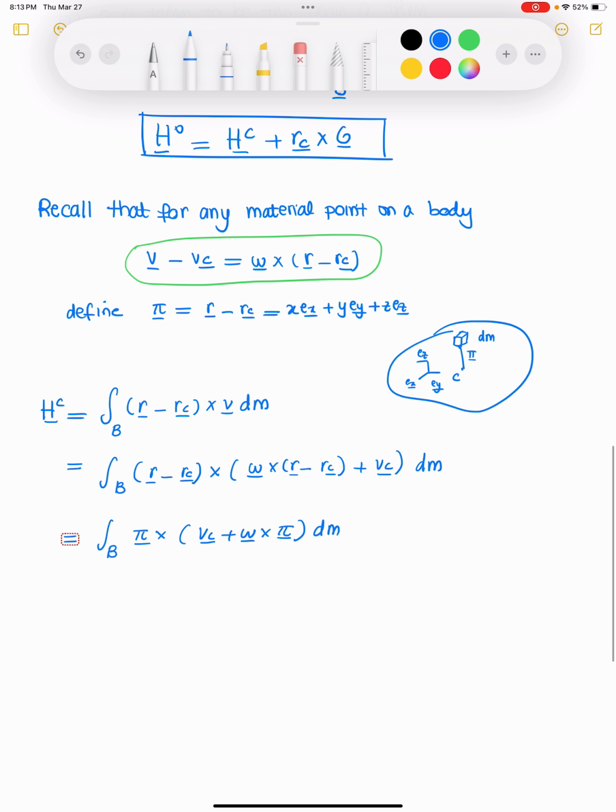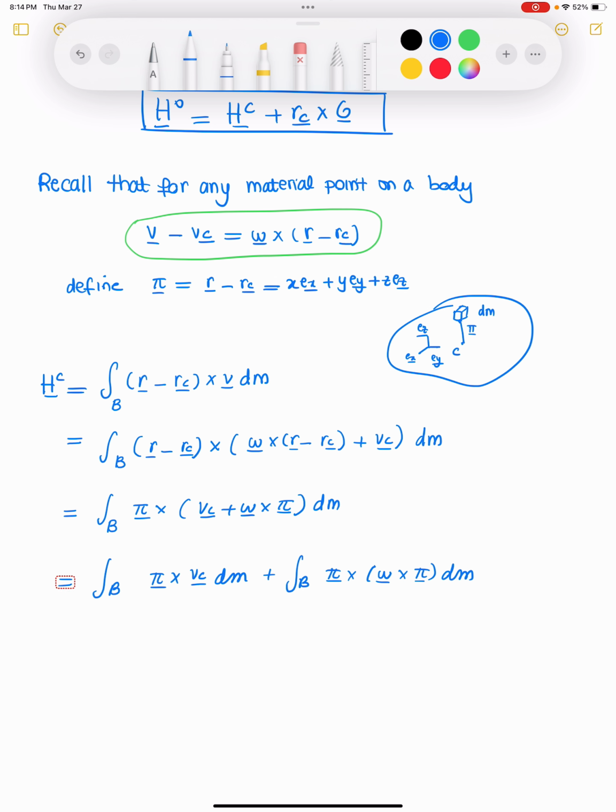I will split this integral into two. That's the integral over b of pi cross vc dm plus the integral of pi cross omega cross pi dm.